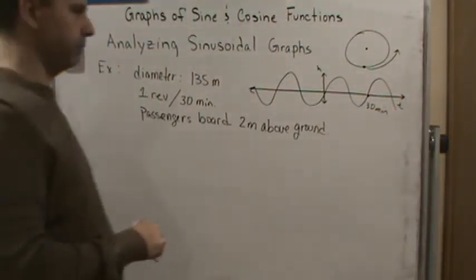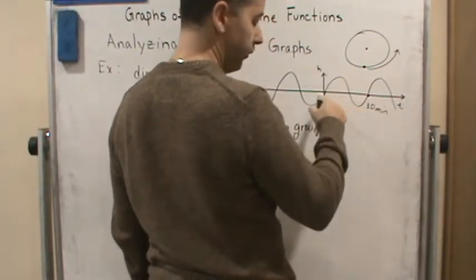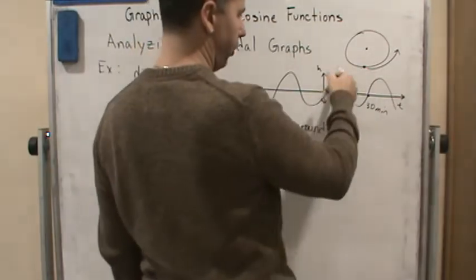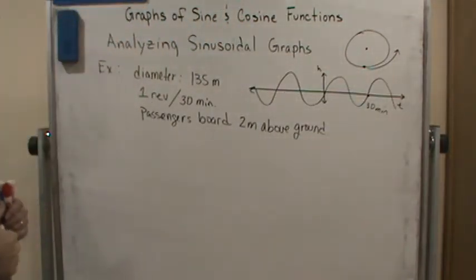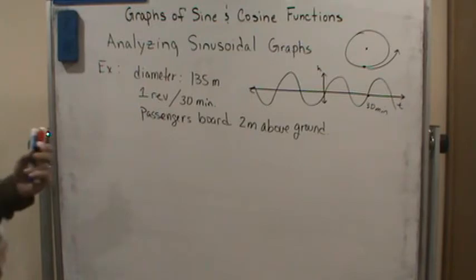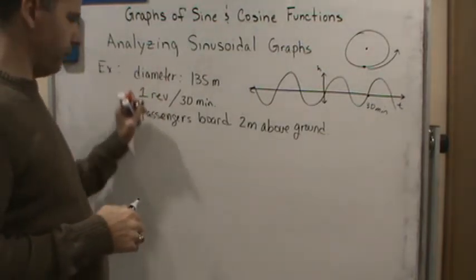If you divide it by 4, every quarter of a turn, it's going to take a quarter of 30 minutes, so 7.5 minutes.